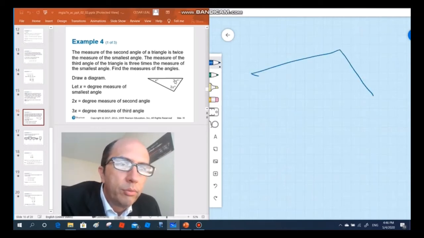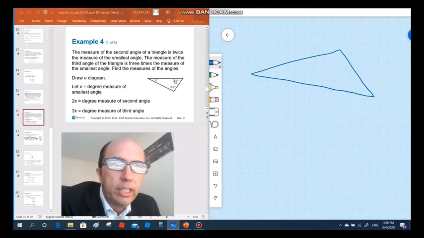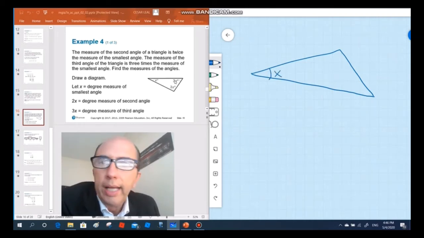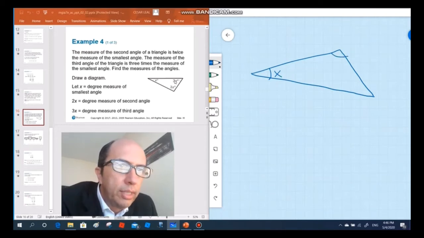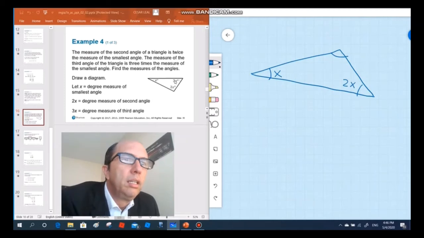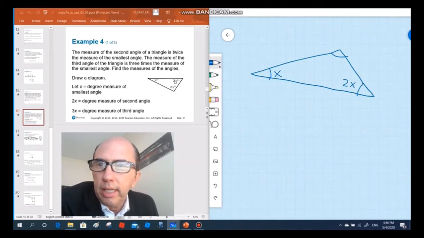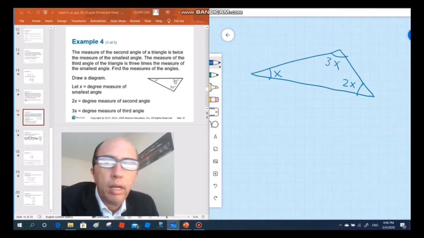So we draw a triangle, and we have the smallest angle here. We call the smallest angle x. The measure of the second angle is twice the measure of the smallest angle, and the third angle is 3 times. All right.